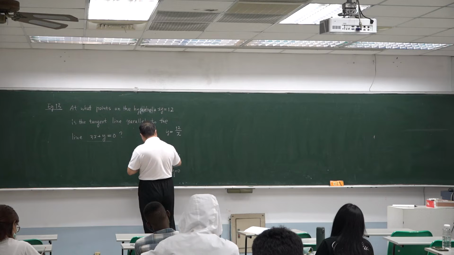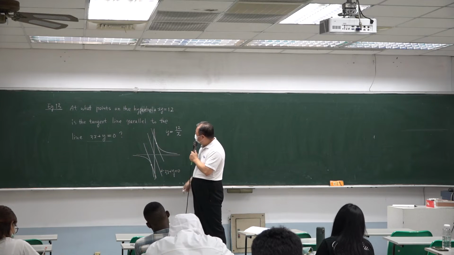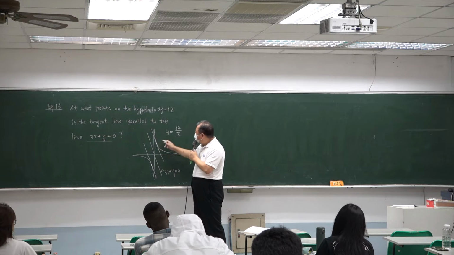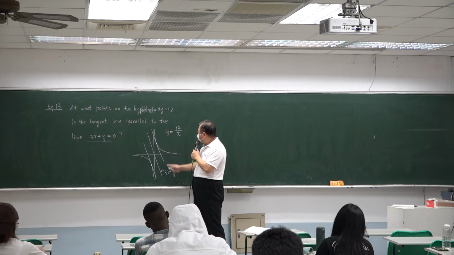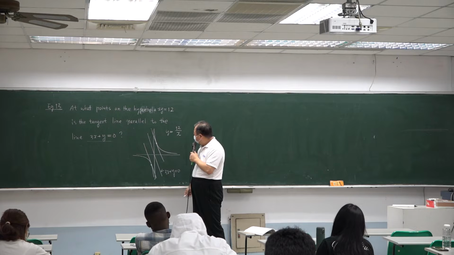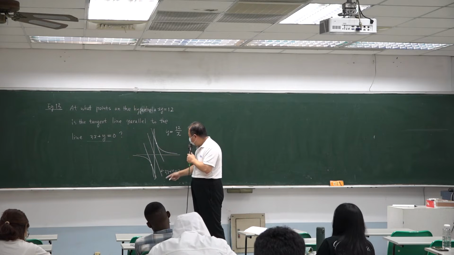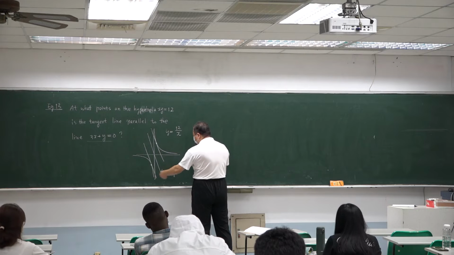So we have to find the 2 points. At these 2 points, the tangent lines to this hyperbola are parallel to this line. Parallel means that they have the same slope.